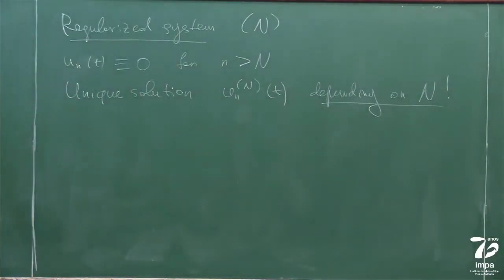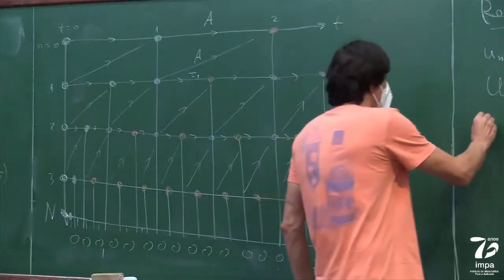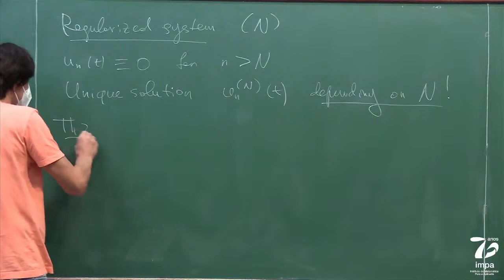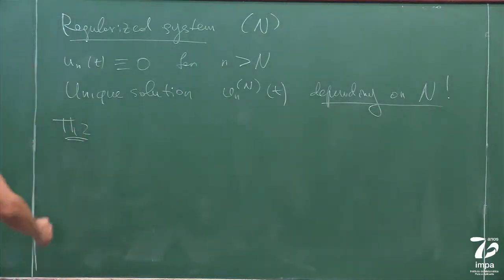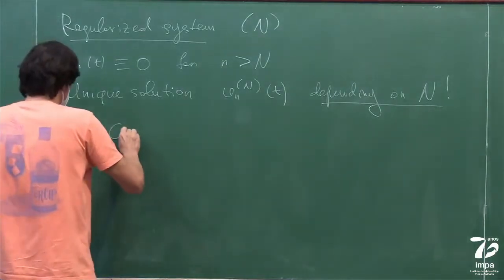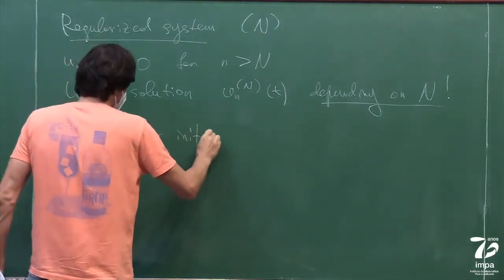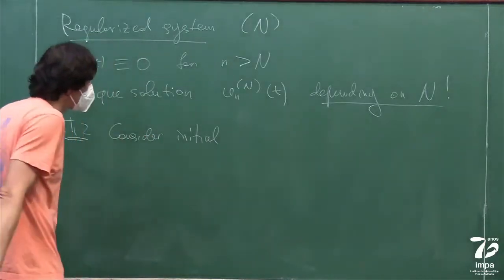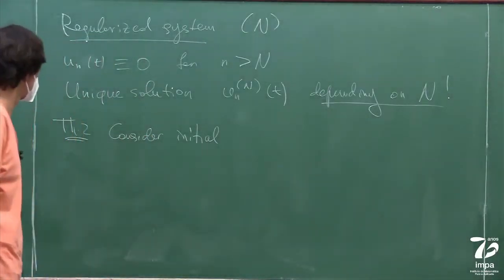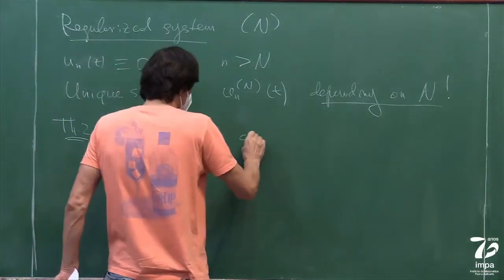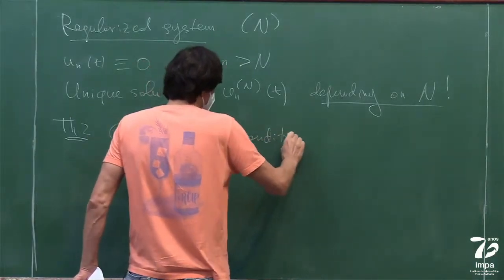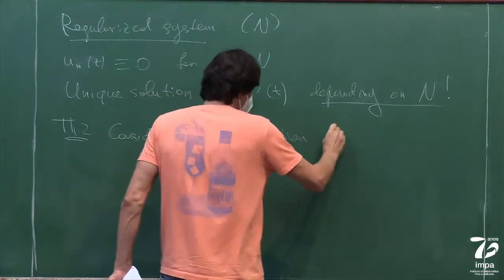And this dependence can still be very strong. So the second theorem, which we proved last time, is that, considering an initial condition, we take just an initial condition for which it is convenient to construct the proof, where everything is the same.